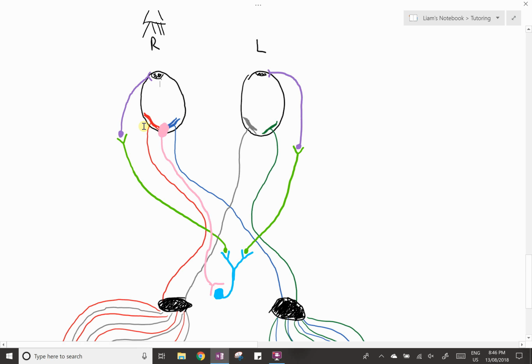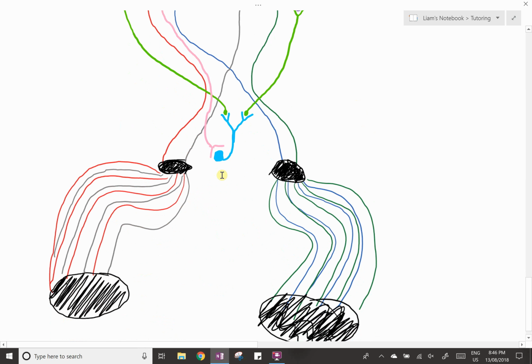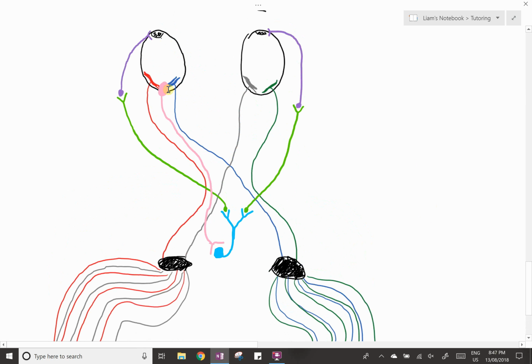So whereas these fibers here in our retina were sending information back to our visual cortices, our ipRGCs, intrinsic photosensitive ganglion cells, are not involved in that. They're involved in things like your circadian rhythm, detecting light on a more general scale, all that kind of thing.